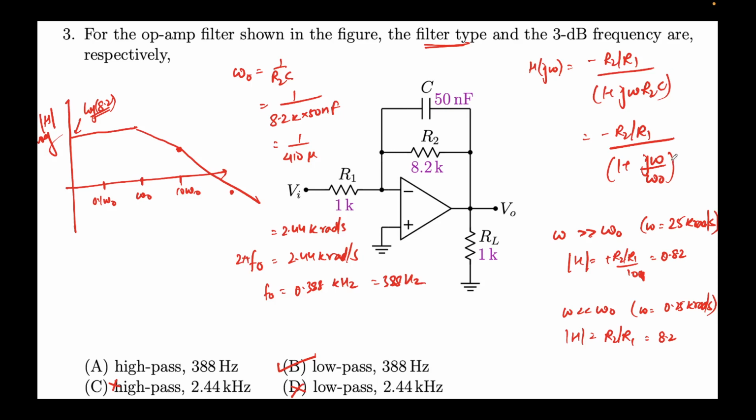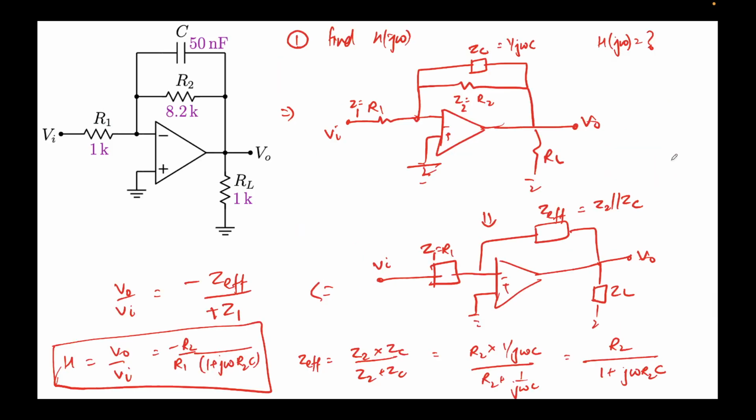Okay, so the way we solved this problem was we identified that this was a very simple circuit, in the sense that it's an amplifier with the input being fed to the inverting input terminal. So that's an inverting amplifier with the gain as minus Z effective by Z1, where Z effective is the effective impedance for these two components which are in parallel.